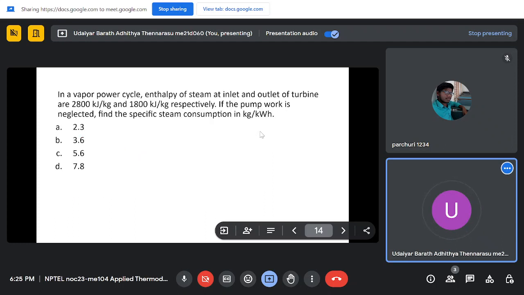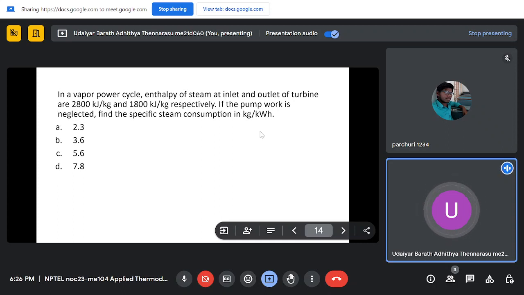Okay, so the next one. In a vapor power cycle, enthalpy of steam at inlet and outlet of turbine are 2800 kilojoule per kg and 1800 kilojoule per kg respectively. A vapor power cycle is the Rankine cycle.